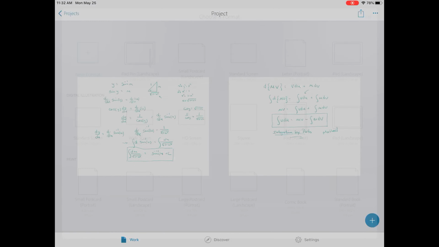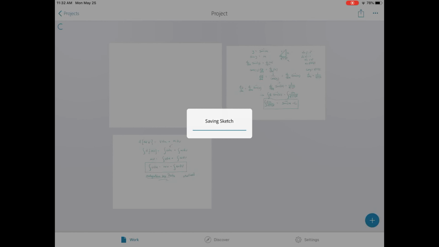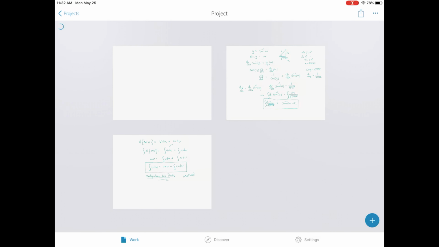So now we have a new integral, and that's pretty cool.